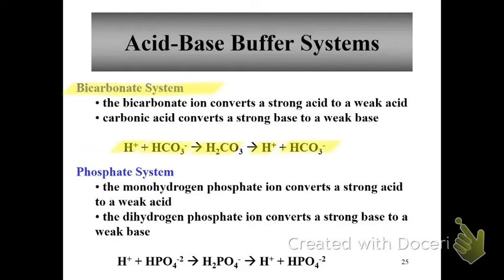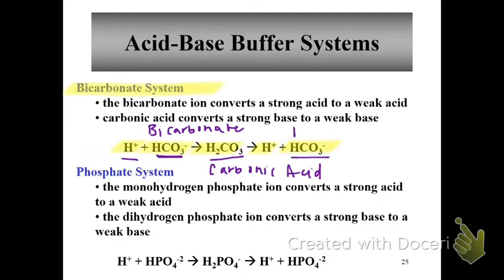Be familiar with both. So you got hydrogen proton, I'm not going to write that one, and this is a bicarbonate ion. That's the bicarbonate ion there. Makes H2CO3, which is carbonic acid. And then that's your bicarbonate again.